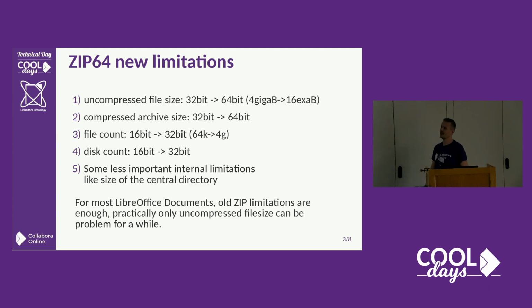Maybe it will be compressed into like 100 megabytes only, and it will be very slow, but some people can use it, and as the technology improves in the future, more and more people will reach this size limit. So we had to fix this.